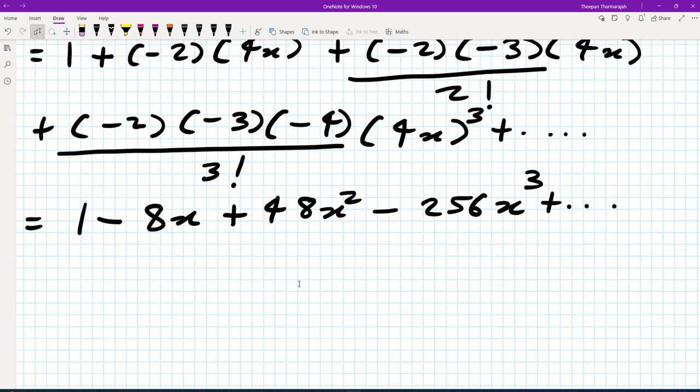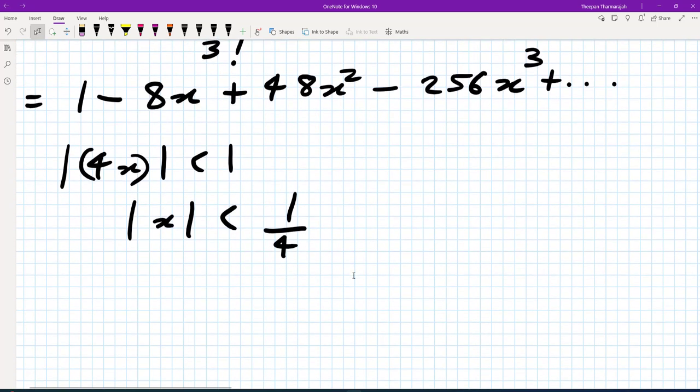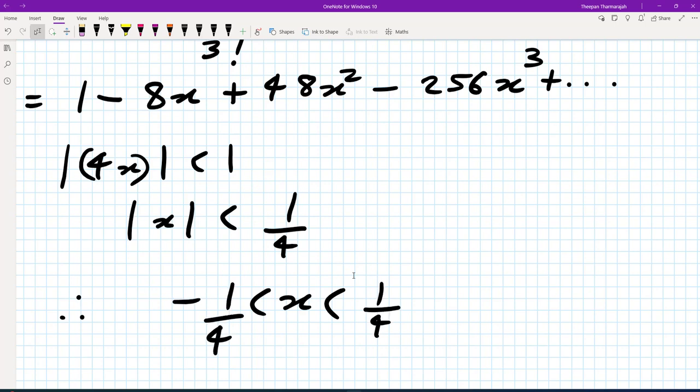Now, if they state the range of values of x for which the expansion is valid, then instead of x, we're now going to take mod 4x. I'm just going to put a bracket around it so we know it's mod 4x. So mod 4x is less than 1, and we divide by 4, so we say mod x is less than a quarter. But when you remove the modulus sign, you're going to have a plus or a minus. So we say, therefore, the range required is x is greater than minus a quarter, but less than positive a quarter.